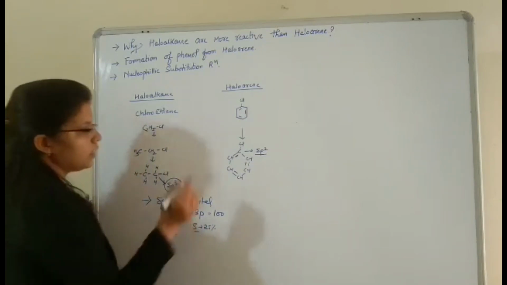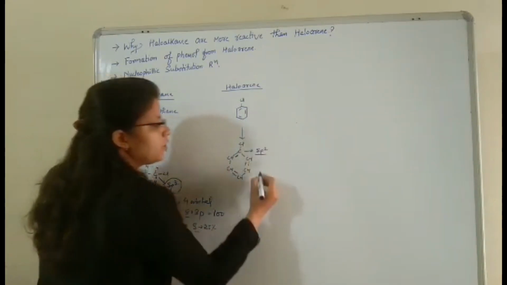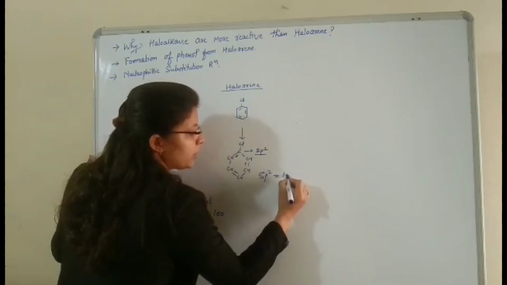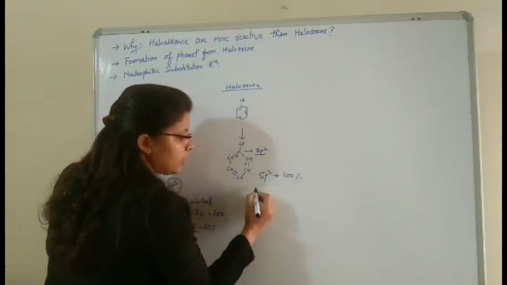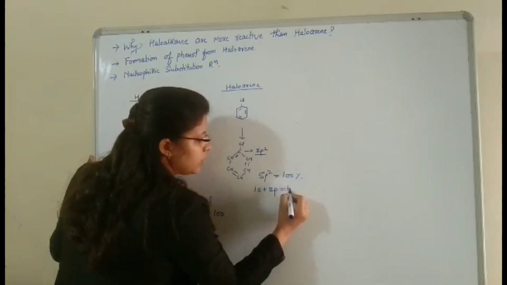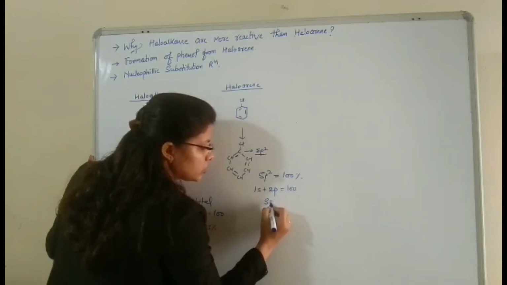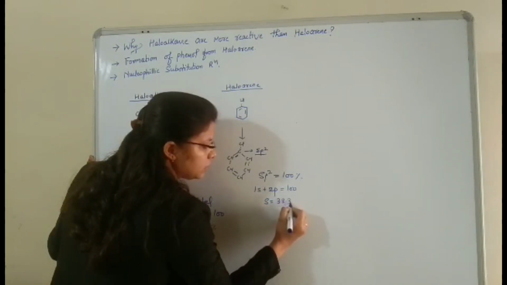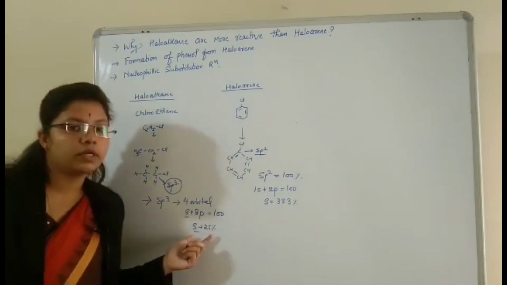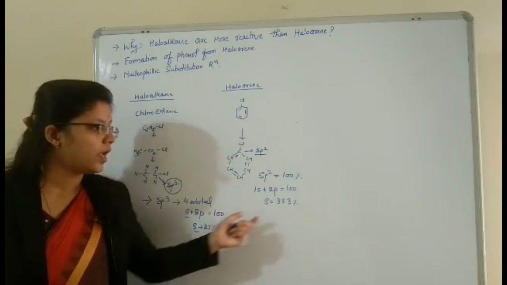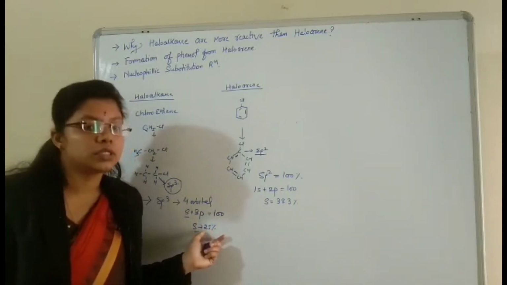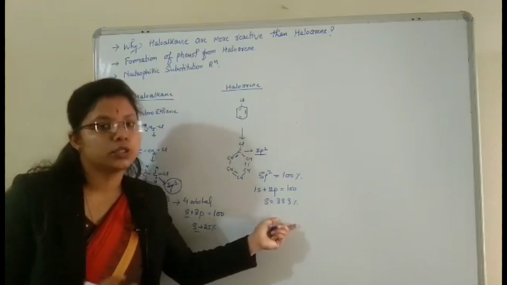Clear? Now let's come here. Suppose we are taking sp2 hybridization and equating it with 100%. Here 1 s and 2 p orbitals are there, so the s contribution is approximately 33.3%. So what we are observing is that here the s contribution is less and here the s contribution is more.